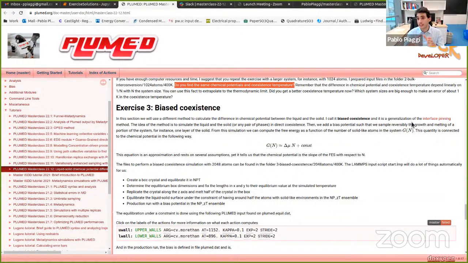That is to say, the system will not be able to melt or to grow due to the introduction of this bias potential. So I call it instead a biased coexistence, because I think when one uses more sophisticated methods for sampling, we're not pinning the interface, but rather we're controlling in the way that we want how the system grows or melts.